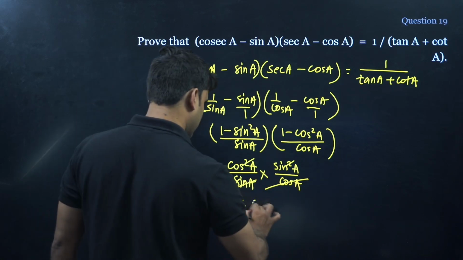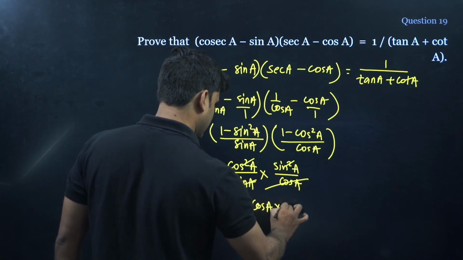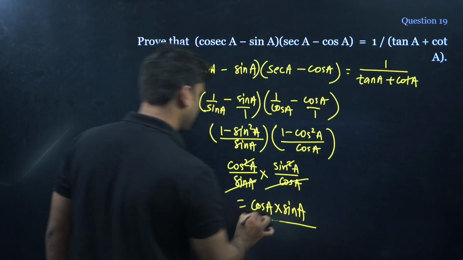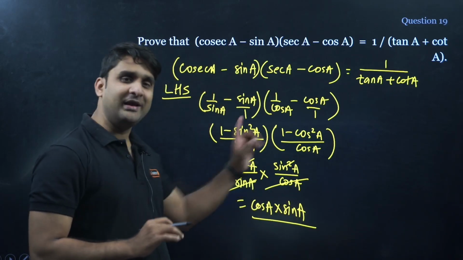So we have cos A into sin A. This is the final result of LHS.